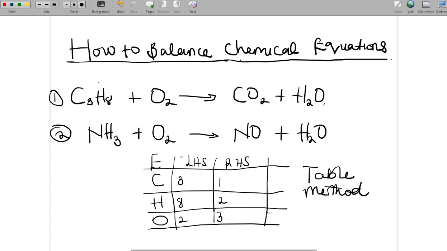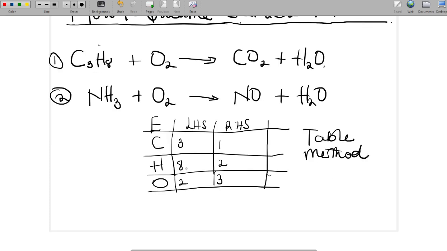If you check out right here, you will discover that we only have 3 carbon atoms on the left. The hydrogen atoms are not balanced, neither are the oxygen. You cannot change these numbers down here. Any number that is below, like the 8, you cannot change.